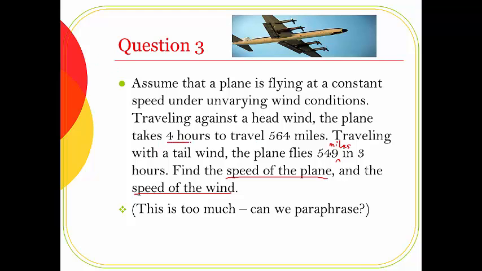Against the headwind, they gave us 4 hours and 564 miles. With a tailwind, they gave us 549 miles in 3 hours. So, we have to find the speed, because speed is miles per hour, or kilometers per hour. It is distance per time. That is the first thing we do.